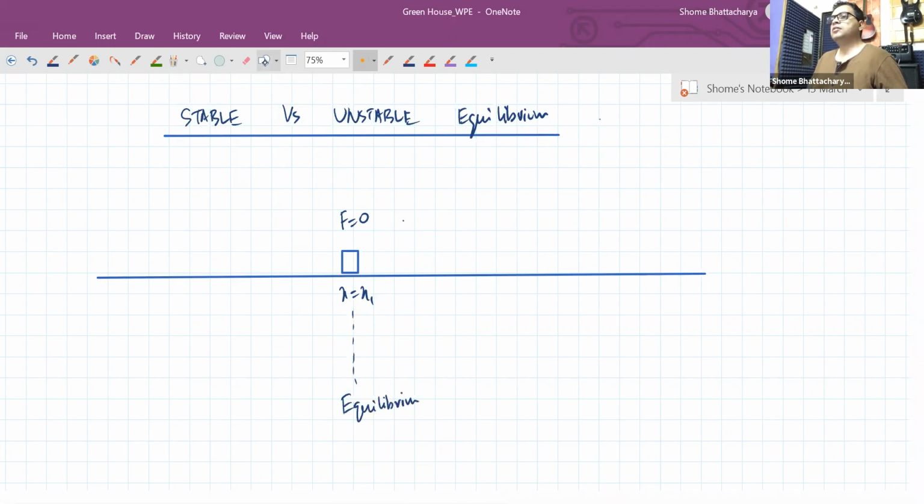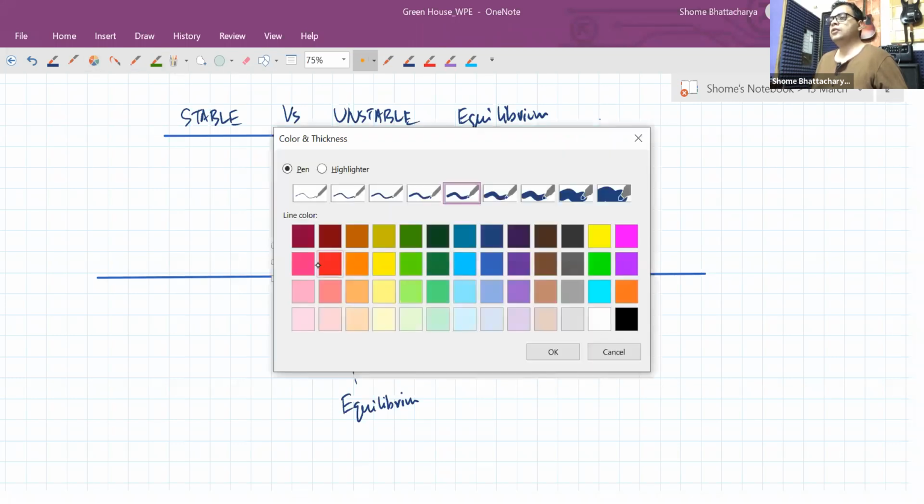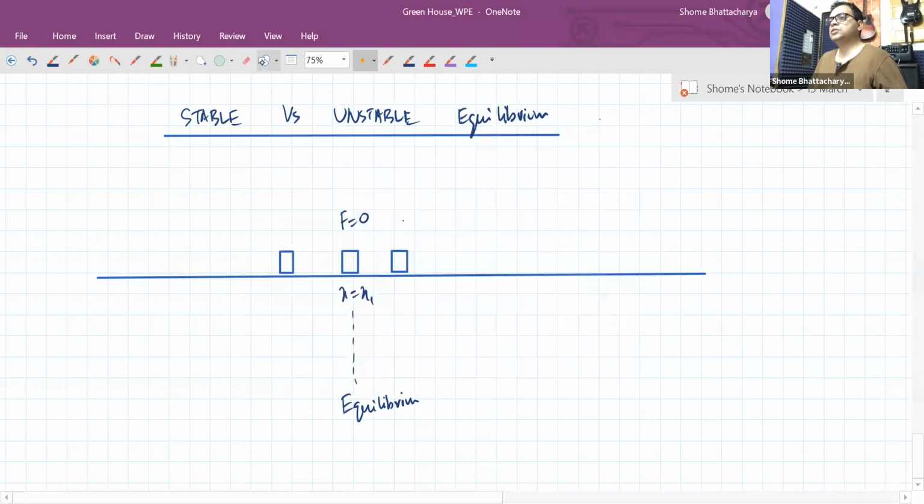But when we take it to this side, or when we take it to this side, it should experience what we call restorative force for it to be stable. This is what we were discussing last time.